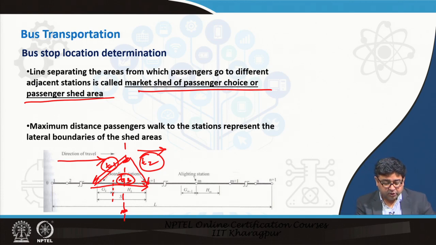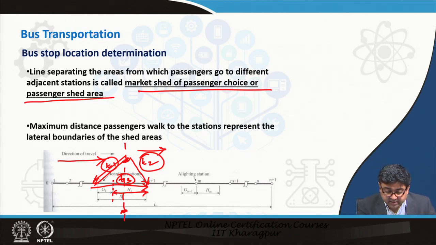So, what is happening is the shed area is increasing for you. I am not saying area, but I am saying in terms of length. If you consider the perpendicular distances to be equal, we can say the area in terms of the length hk.